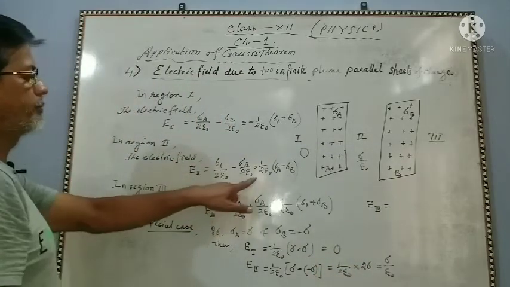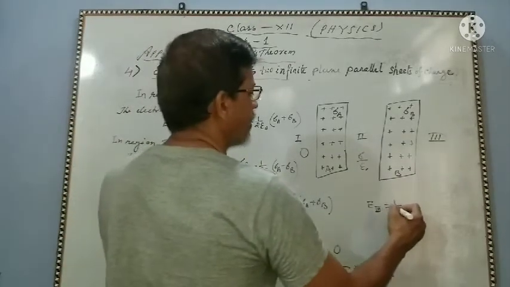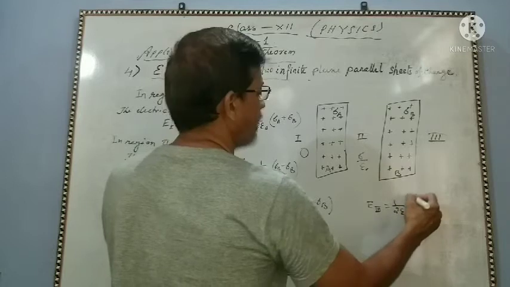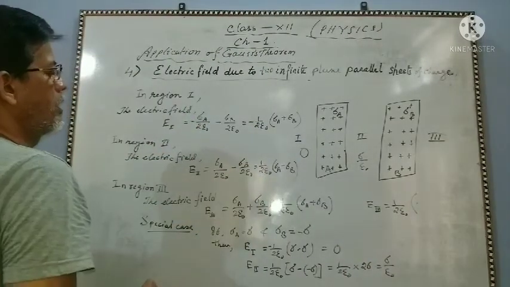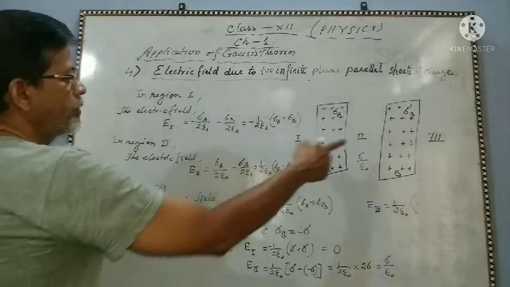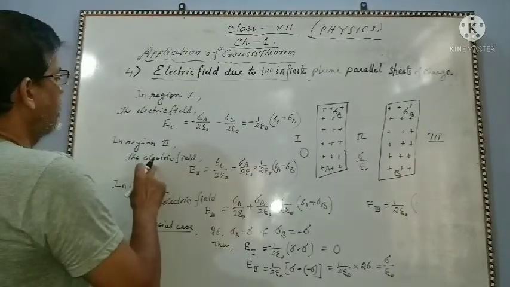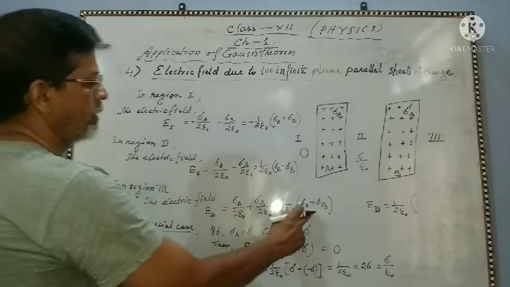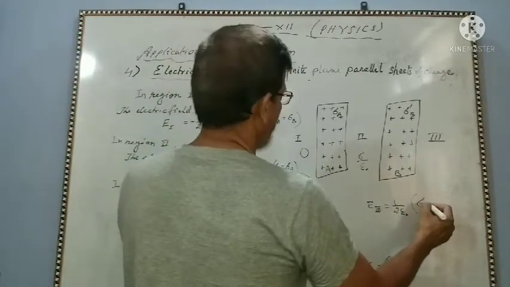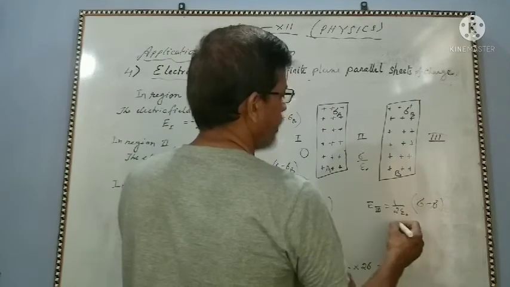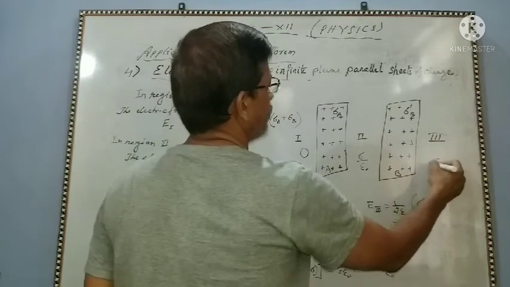Here you see 1 by twice epsilon naught, sigma minus sigma, so this is also 0.